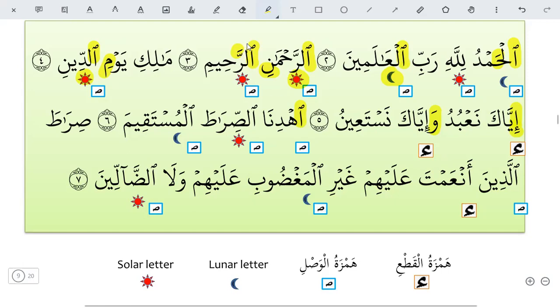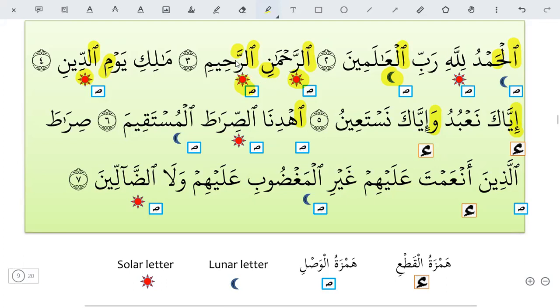Same, Ar-Rahman. This is Hamzatul Wasl. And this is ra, tashdid. This is a solar letter. Because this is a solar letter, we will not pronounce alif and lam. Alif and lam, both we will not pronounce.